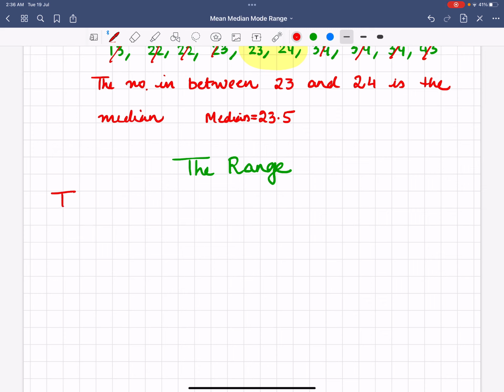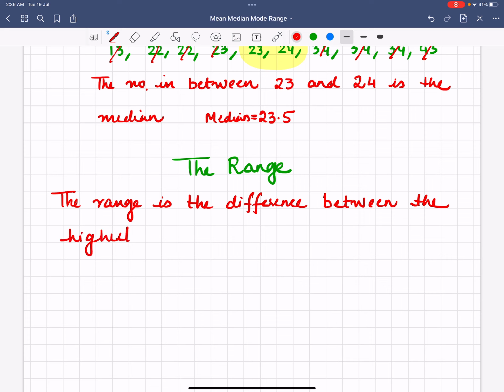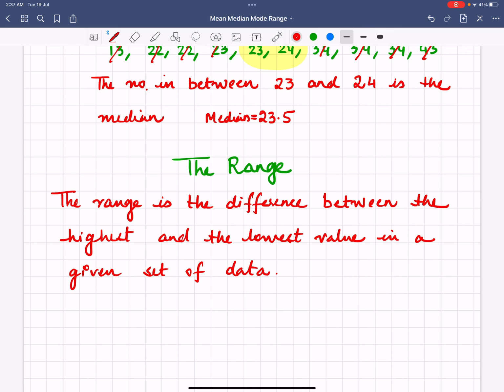The range is the difference between the highest and the lowest value in a given set of data.